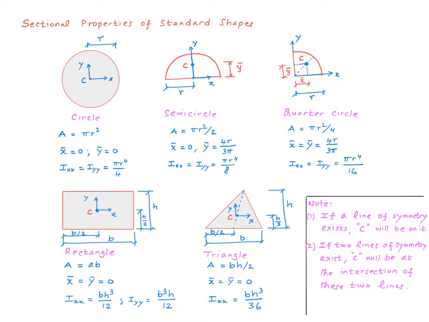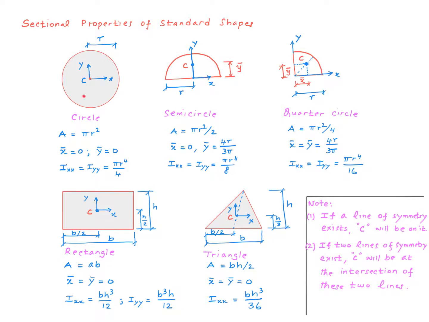The circle and the rectangle are examples where you have two lines of symmetry. For the circle, this horizontal line and this vertical line are lines of symmetry. And therefore, the centroid is at the intersection of these two lines. And similarly, for the rectangle, the horizontal line and the vertical line are lines of symmetry, and the centroid is at the intersection of these two lines.